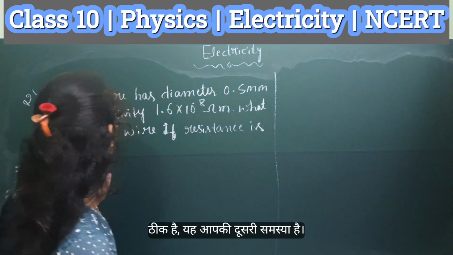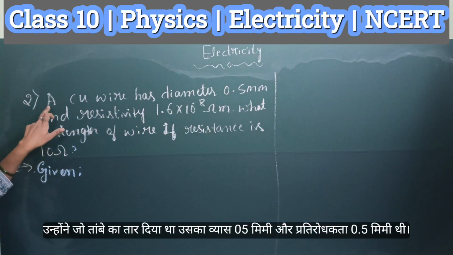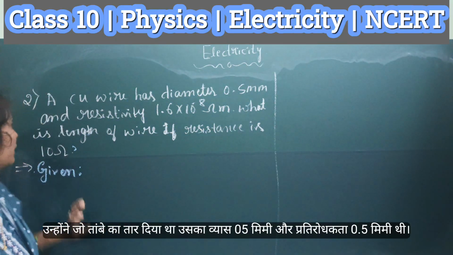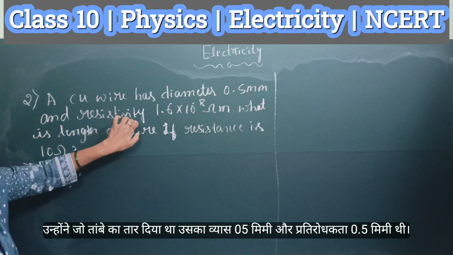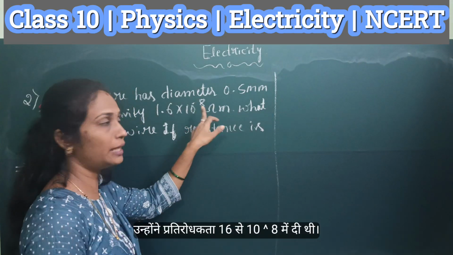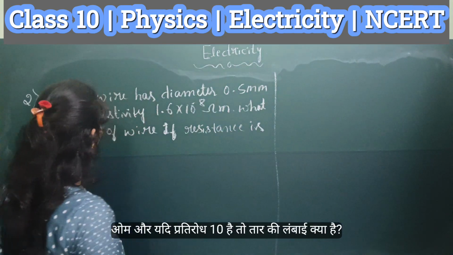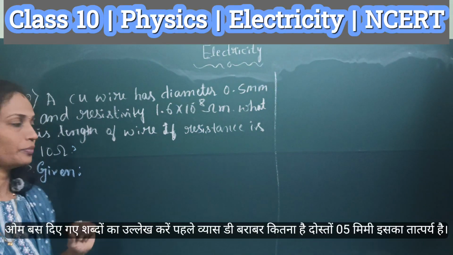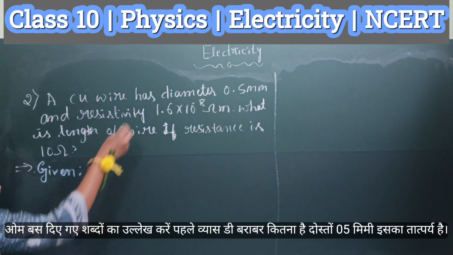Okay, this is your second problem. What they had given: a copper wire has a diameter of 0.5 millimeter and resistivity, they had given resistivity guys, 1.6 into 10 to the power of minus 8 ohm meter. And what is the length of the wire if the resistance is 10 ohm? Just mention the given terms first.